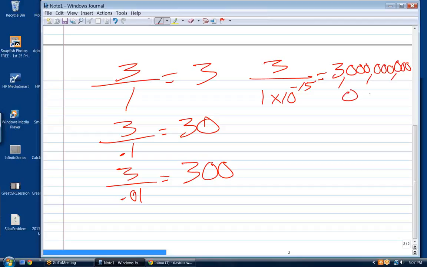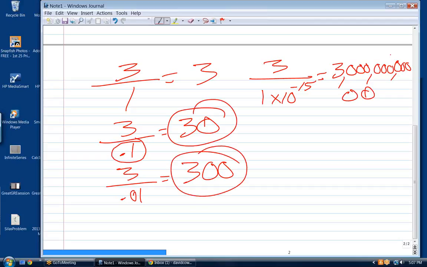In other words, as the denominator approaches 0, as it gets closer and closer to 0, the result gets bigger and bigger. So when we actually do divide by 0, that's infinity.